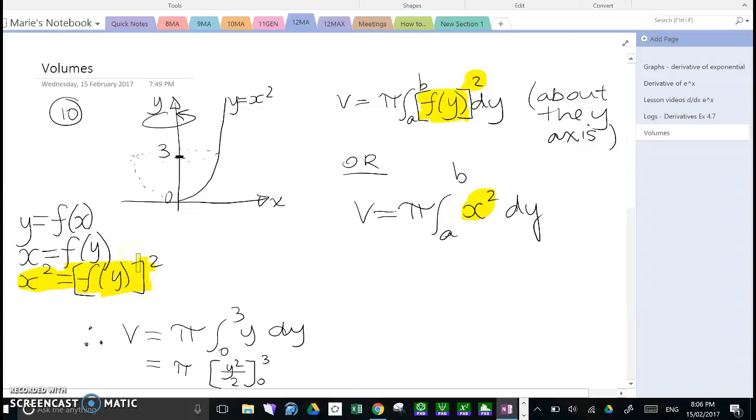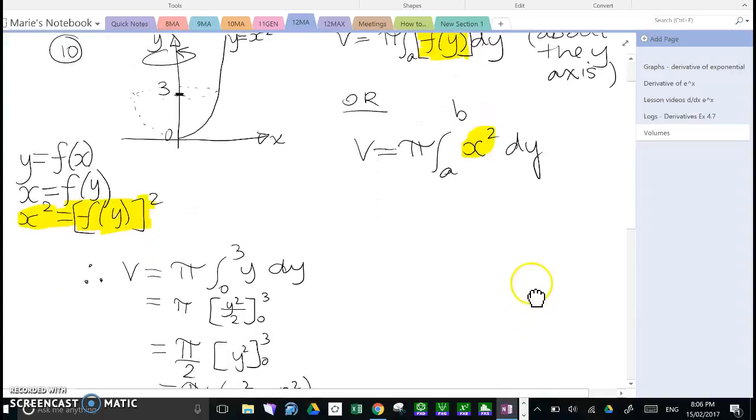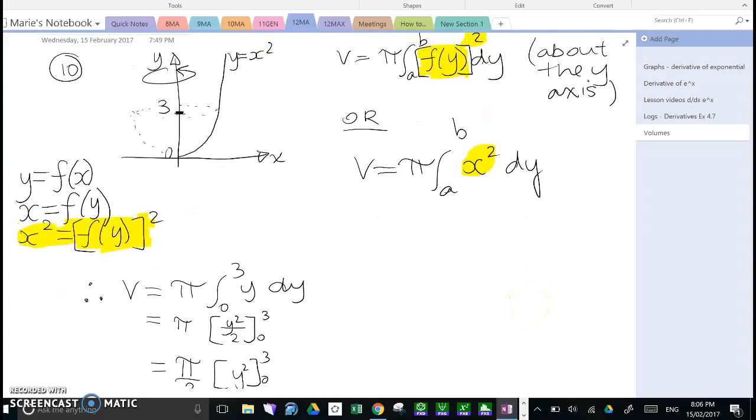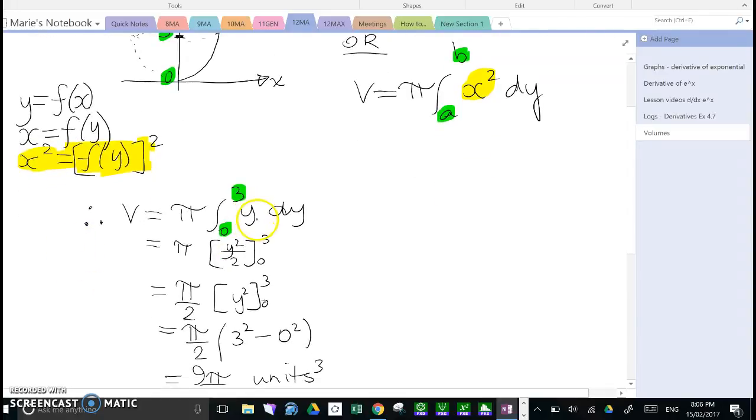So once we've actually substituted into our expression for volume, we've got to remember we've got our limits. Now, where are our limits? A and B, that's 0 and 3 on the y-axis. And here they are here in our integral. Put it in there. We don't square the y because it's already, y was x squared.